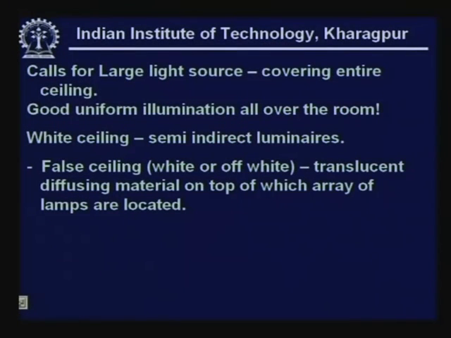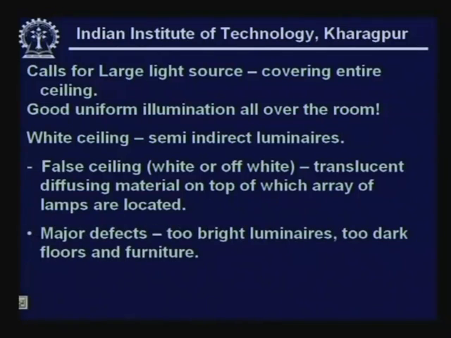In fact, this is also achieved by having a false ceiling which is white or off white with a translucent diffusing material on which a number of lamps are located. No doubt all this involves complex wiring.